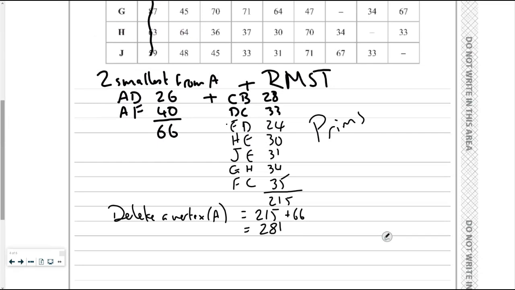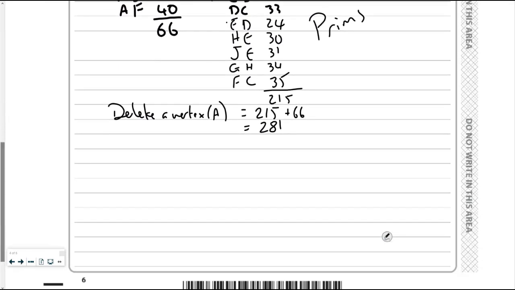Right, so the next part of the question, which I managed to delete off. For H, it told you that delete a vertex from J was 274, and you had to state the best lower bound. So I've got a choice. Delete a vertex from J, which is 274, and delete a vertex from A, which is 281.